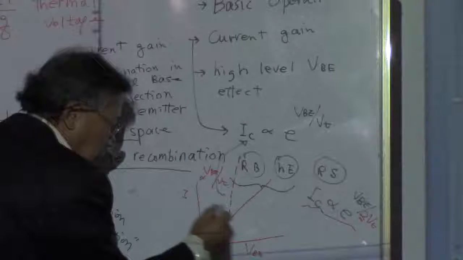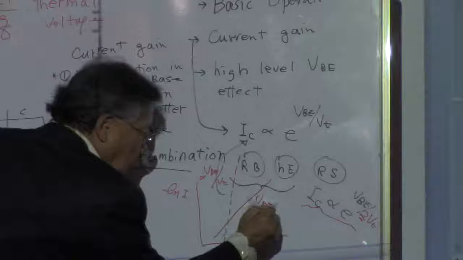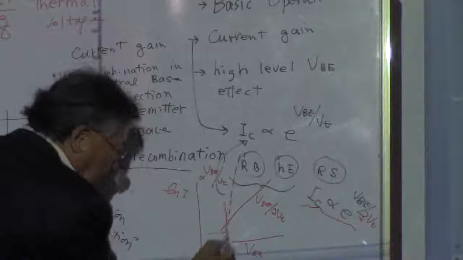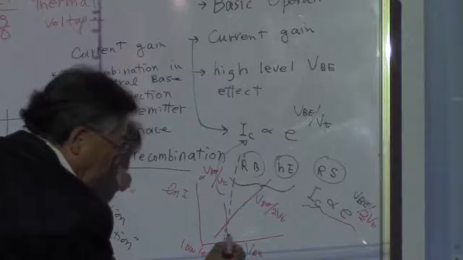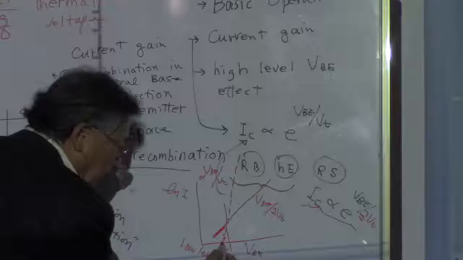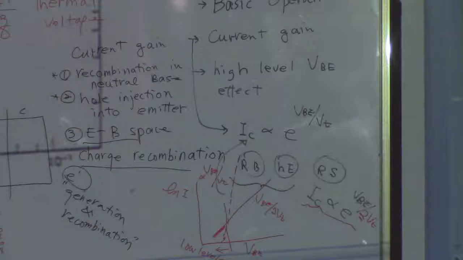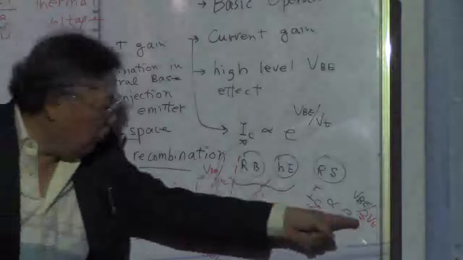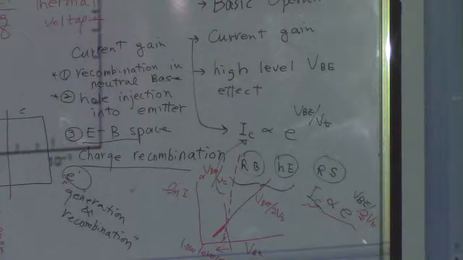But here, if you plot, this is VBE over 2 VT. So at this low level, this one is dominating. So at low levels of base and emitter voltage, this 2 VT is going to be controlling the current gain.